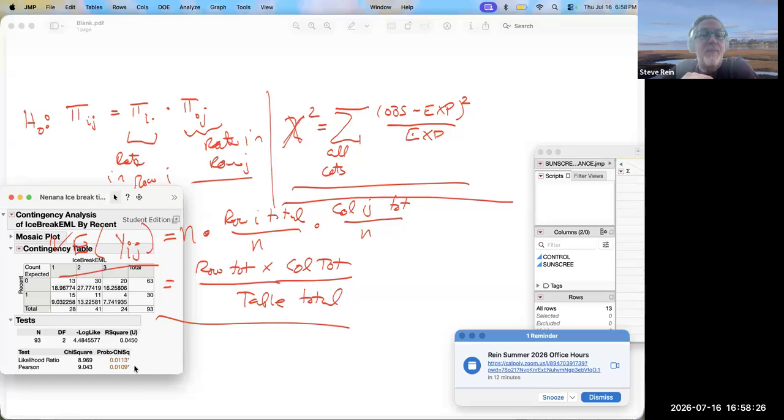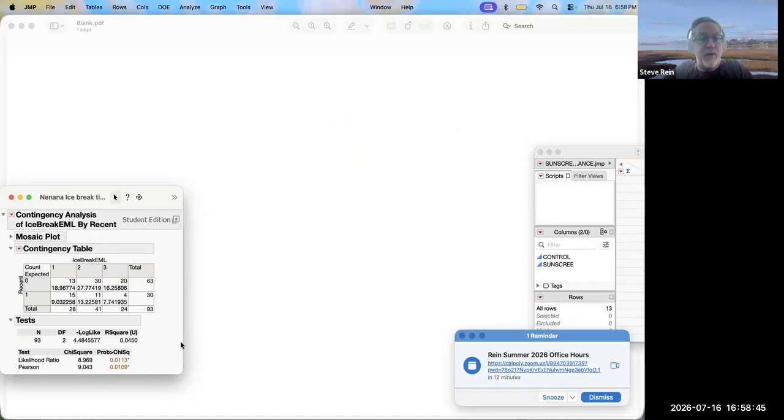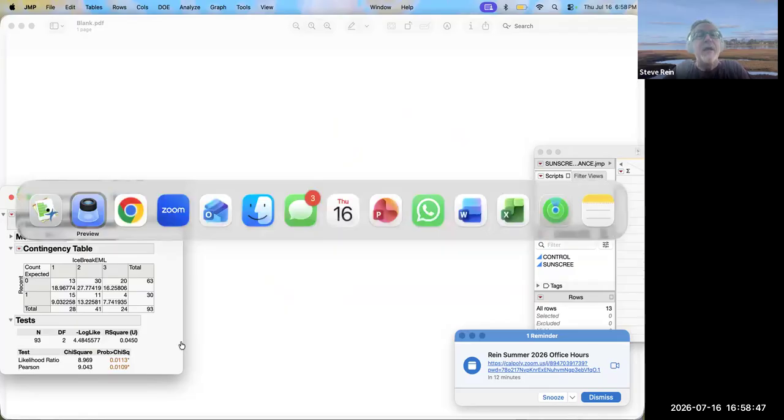We would then get a p-value from our chi-square table, or JMP's probability distribution calculator. I'm noting I have enough time to do just exactly that. So remember, our chi-square value is 9.043. Let's show you how to get JMP's probability distribution calculator to give you that result.